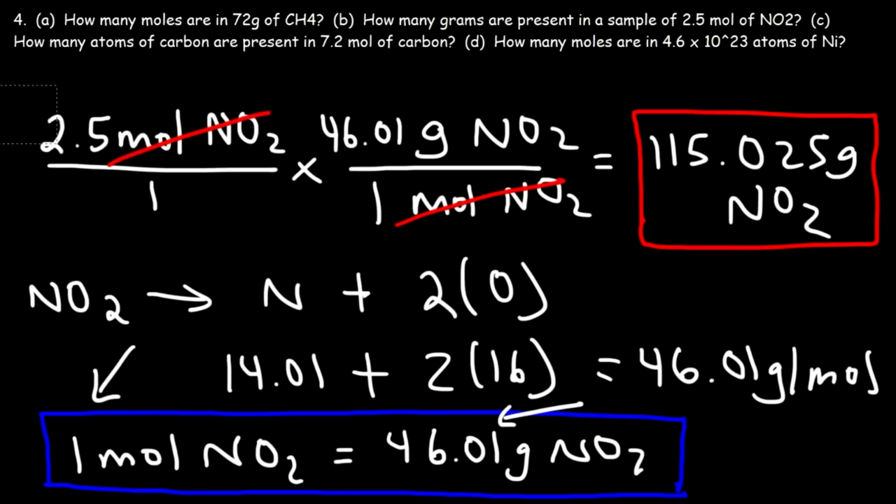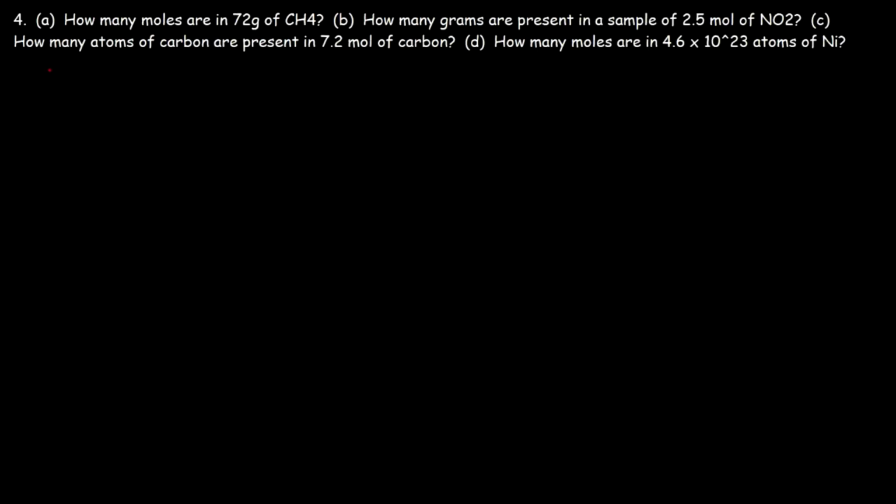Now let's move on to part C. How many atoms of carbon are present in 7.2 moles of carbon? So in this problem, we need to convert from moles to atoms. If you want to go from moles to atoms or atoms to moles, here's what you need to know.